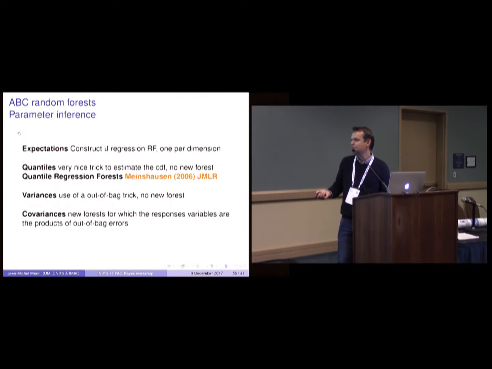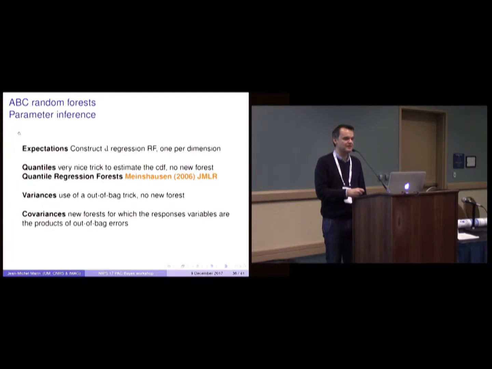And for posterior covariances, you have to design a new forest for which the response variables are the product of out-of-bag errors. Okay? So for each parameter we would like to estimate, we design a machine learning strategy specifically for the considered problem. We don't try to approximate the whole posterior. We think it's too difficult.